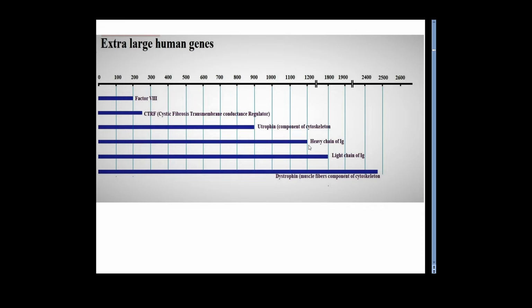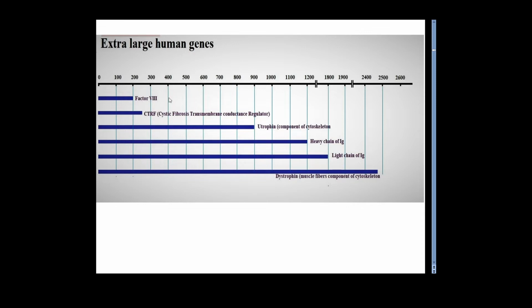But dystrophin is in muscle fibers, a component of the cytoskeleton, a very interesting and important protein, and mutation in this gene leads to myodystrophies with serious consequences, serious pathology.